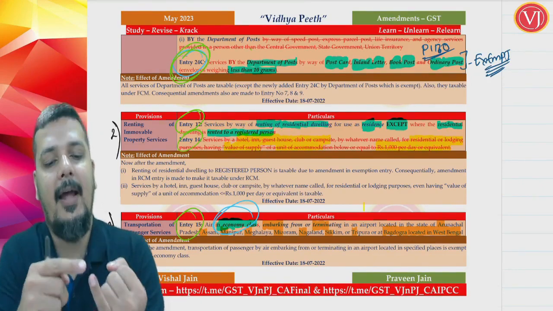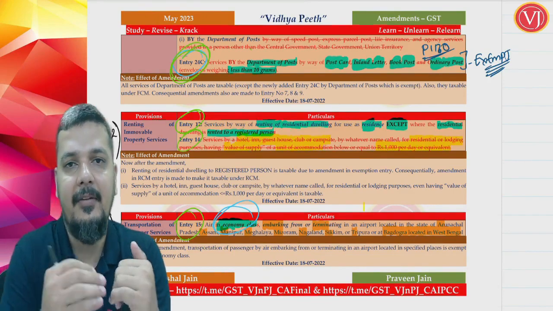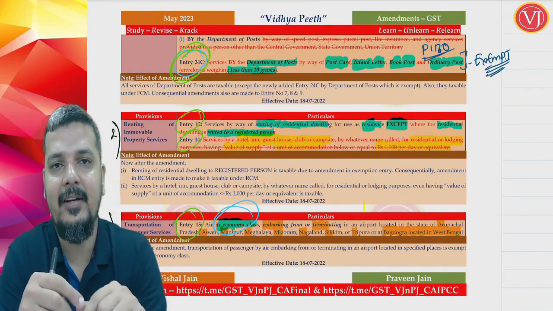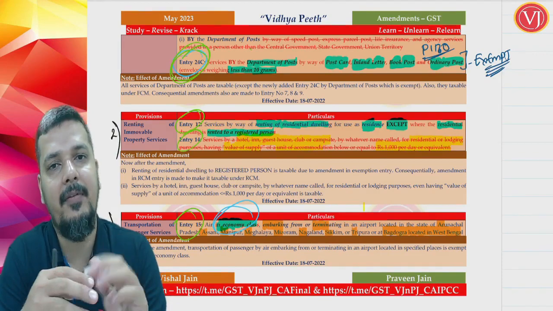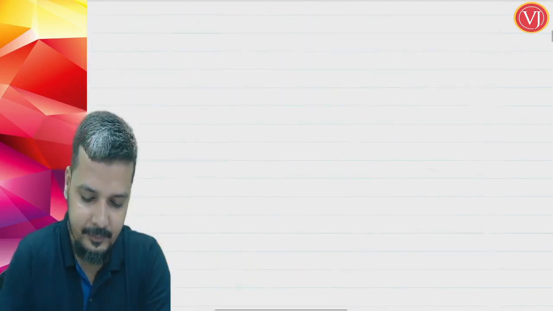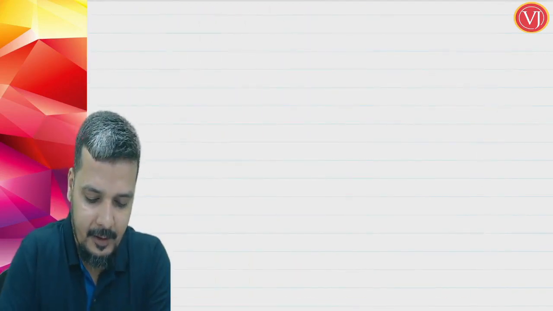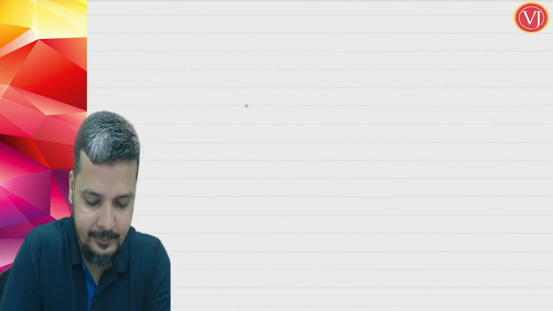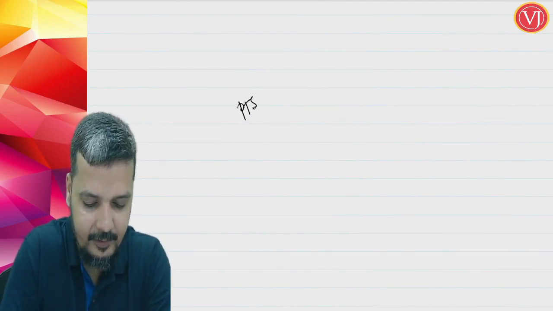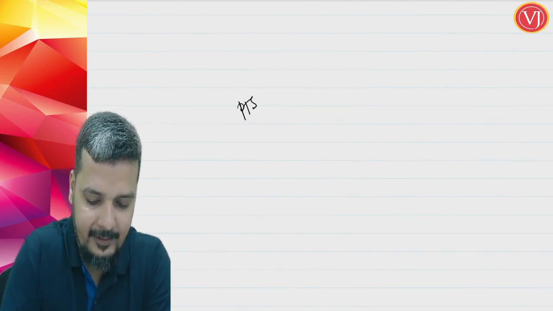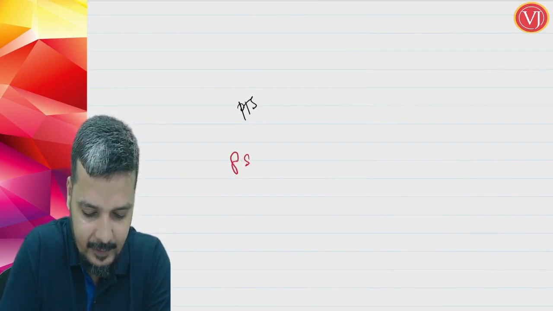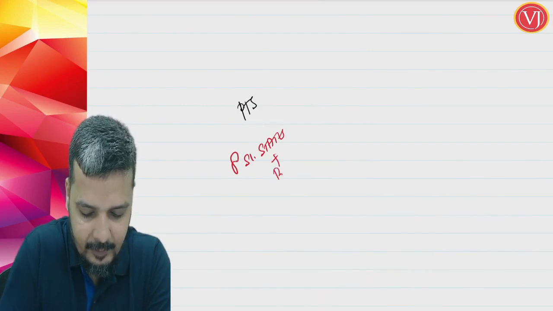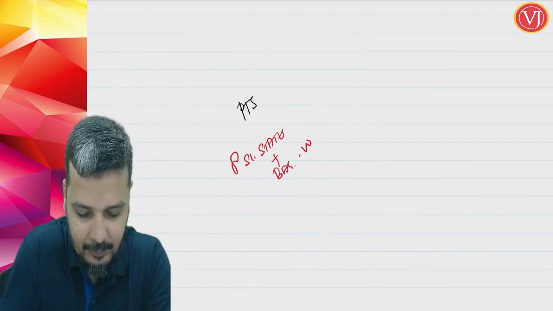So if you're going in an airline which is starting from or ending at 8 sister states plus Bagdora district of West Bengal, previously it was fully exempted. So before the amendment, you're going in airline, passenger transportation services, you're talking about 8 sister states plus Bagdora district of West Bengal.